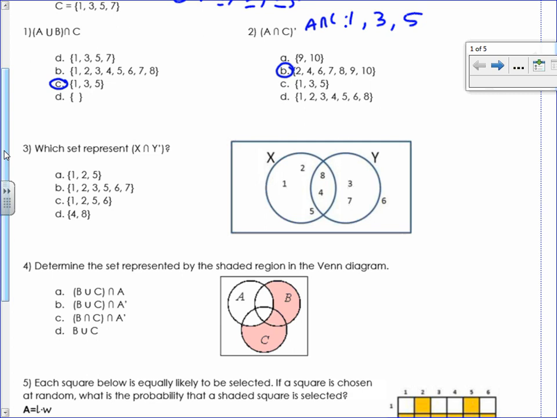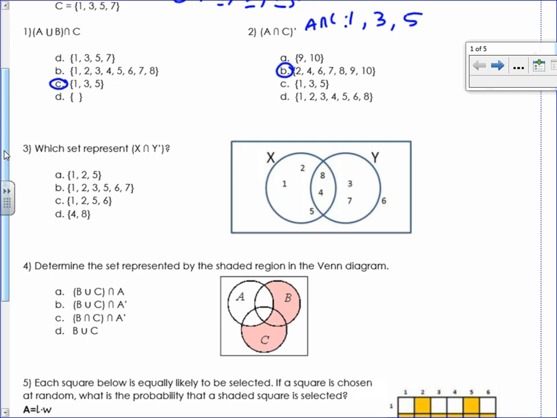Here, the tick mark is only applying to the Y. So for number 3, here's set X, 1, 2, 8, 4, and 5. We want to see how that overlaps with everything except Y. What does set X have in common with everything outside of Y?